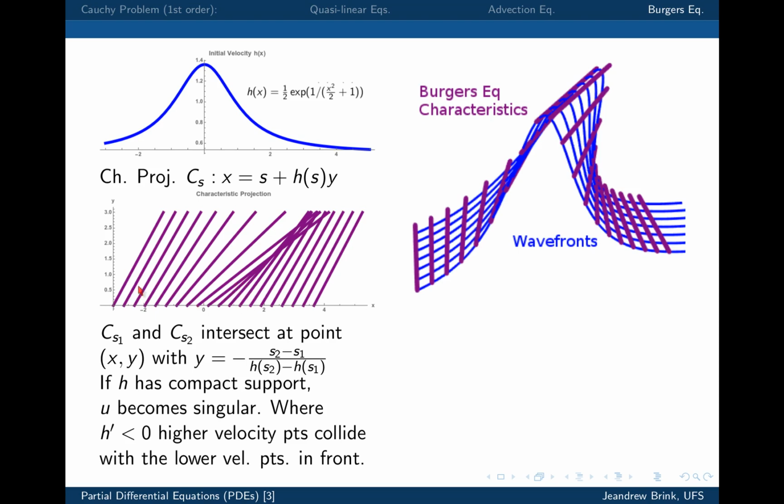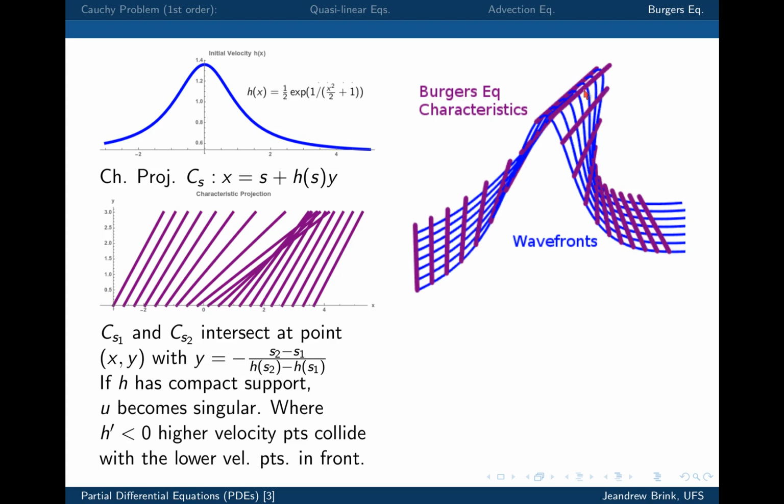So this is our characteristic projection in the xy plane. You can imagine I shift this thing and I put it underneath, okay? And what happens is along a specific characteristic, we proved in the previous slide that the height of the surface remains constant. So this is kind of the surface you have. You can see that here is our initial hump function, and along these characteristic lines the value remains constant, but the ones over here tend to run more quickly.